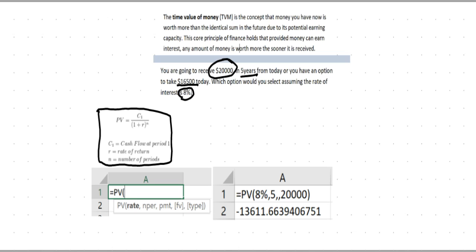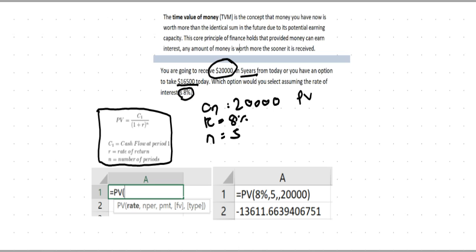Here Cn is 20,000, R, the rate of interest, is 8%, and N, which is the number of periods, is 5.